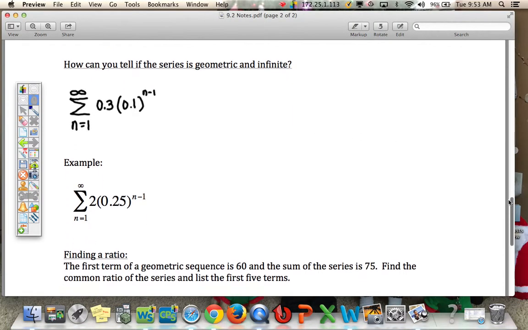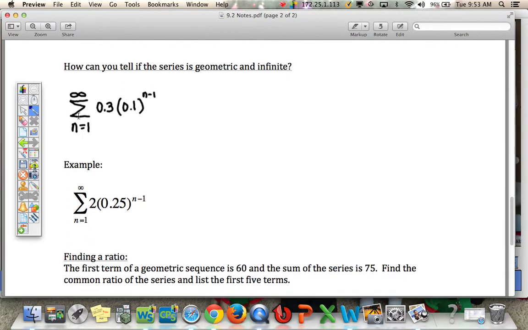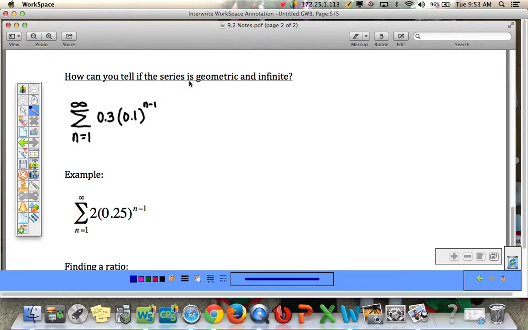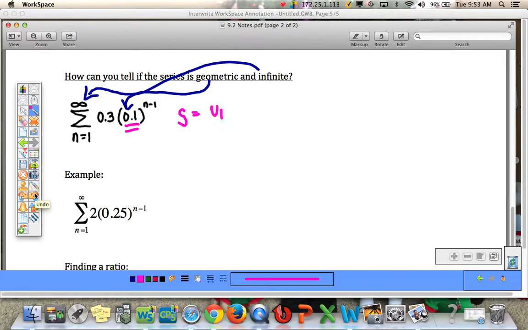How can you tell if the series is geometric and infinite? By looking at the sigma notation. It's geometric if you have a ratio. So here's our ratio. It's infinite if we have this infinity sign right here. And we know this is going to be convergent. Look at the ratio. The absolute value is less than 1. So you can actually find the sum of this by doing our first term over 1 minus the ratio.